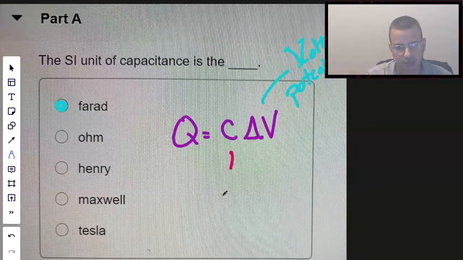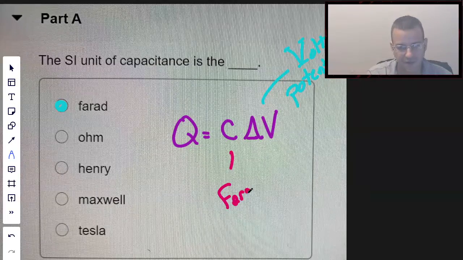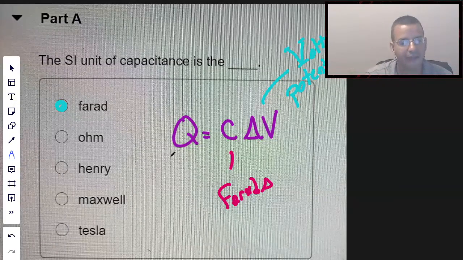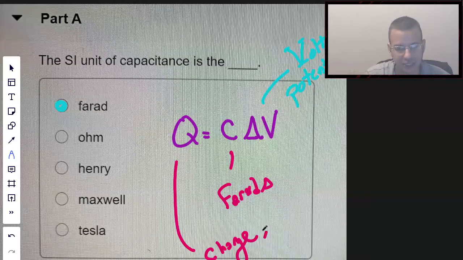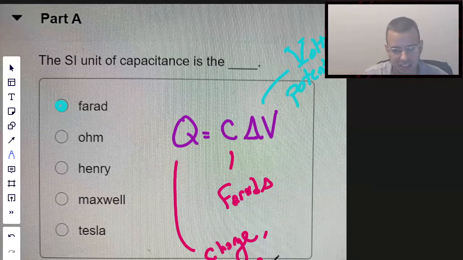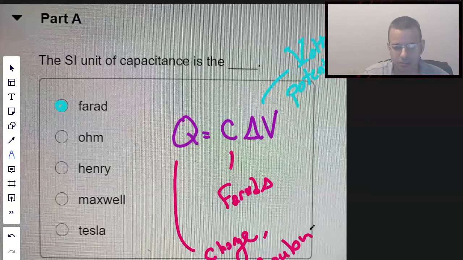Capacitance is measured in farads. And Q is charge. The thing that gets tricky about this is it's measured in, is it coulomb? It's measured in coulombs.